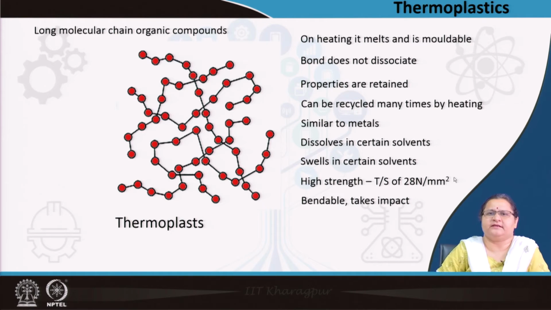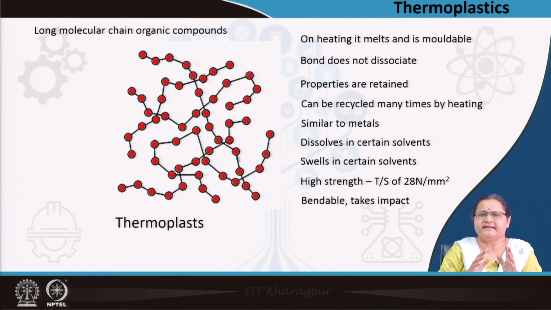So, on heating, these molecular chains remain as they are. They only get reshaped but do not break, do not dissociate. Hence, the properties remain as they are even if it is heated.